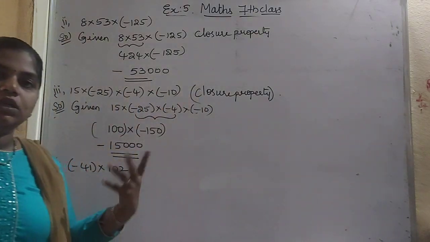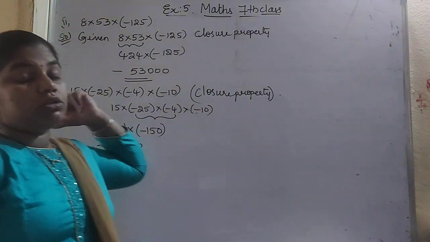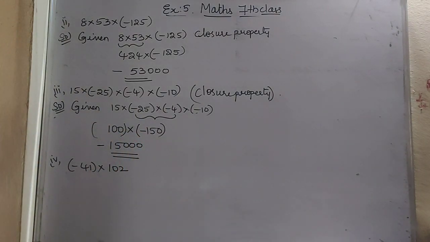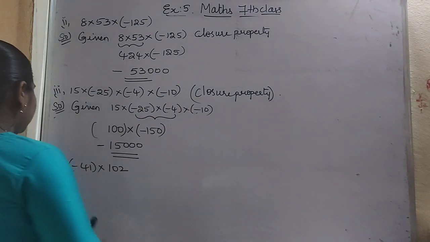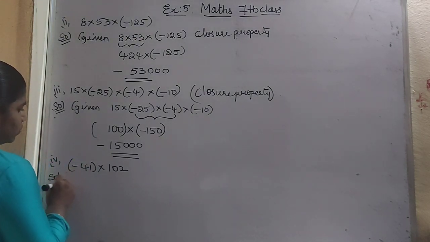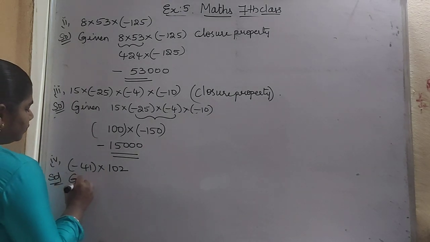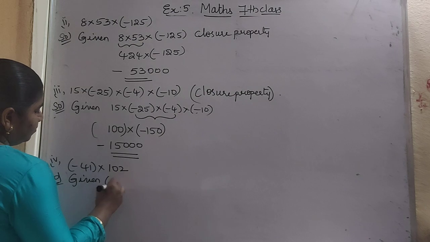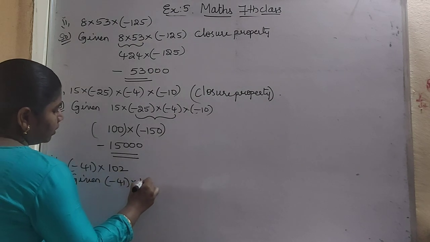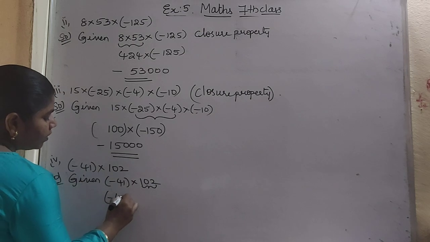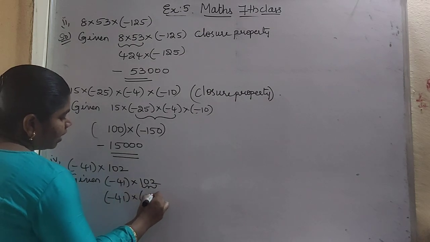So directly by using closure property you can apply, and also by using distributive property you can apply this. Anyway, in closure property or distributive property, any method you can use. So I am using distributive property. Given minus 41 into 102, we can write this 102 as 100 plus 2.